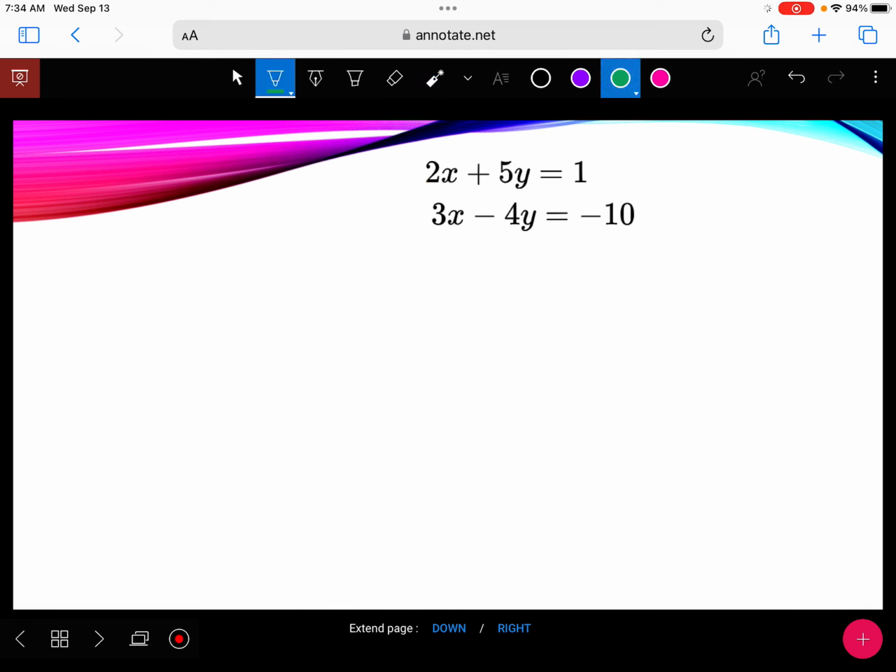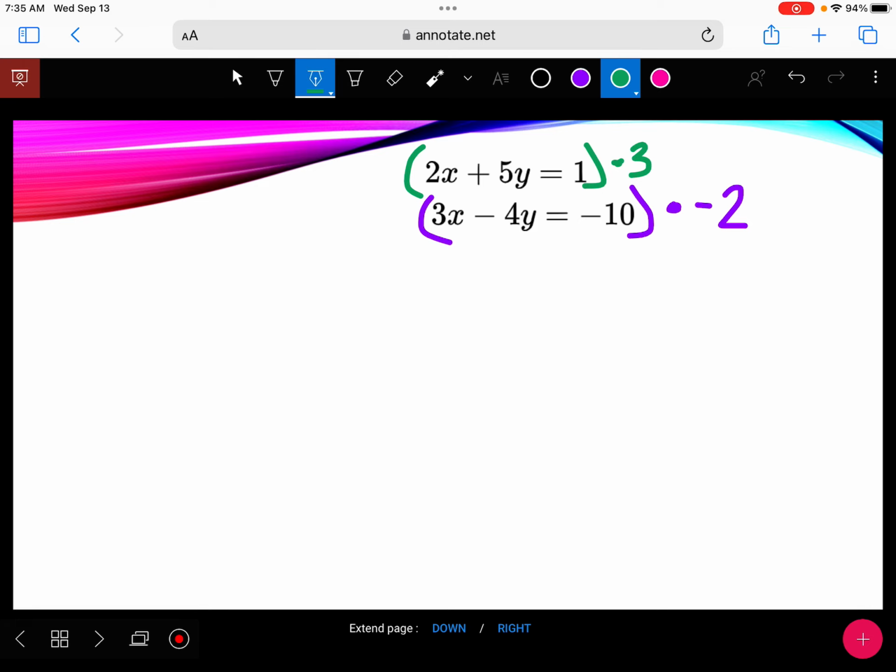By 3. So I'm going to take this whole equation times 3. What would I need to multiply 3x by to make it be 6? By 2. I need one of those to be negative. So I'm going to do this one times negative 2, because I need them to have the same number, opposite sign.